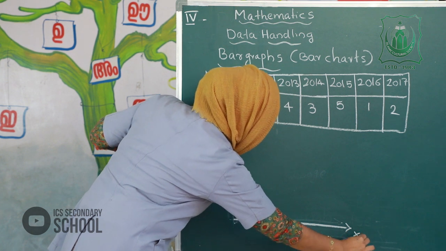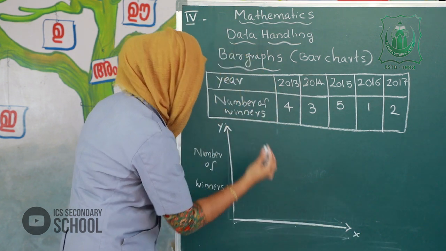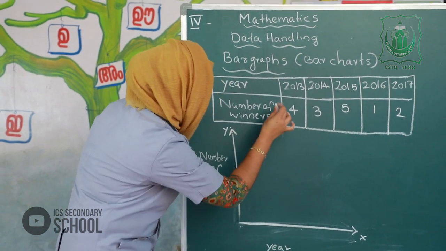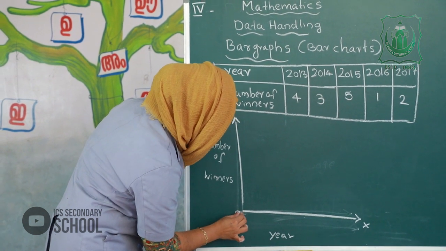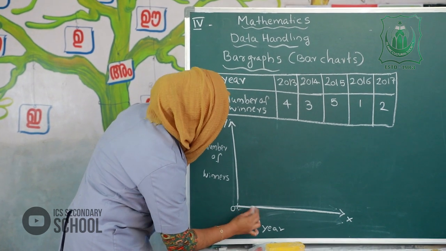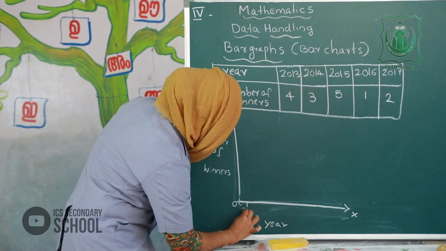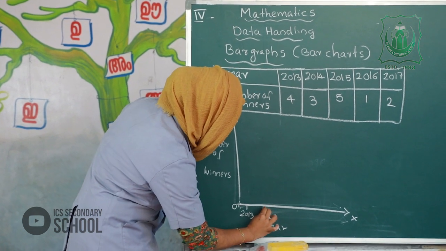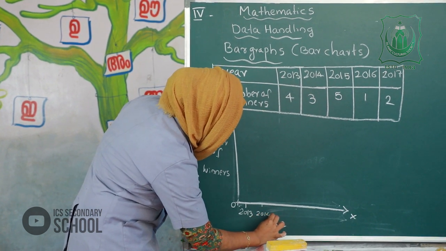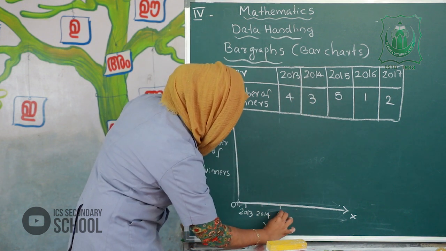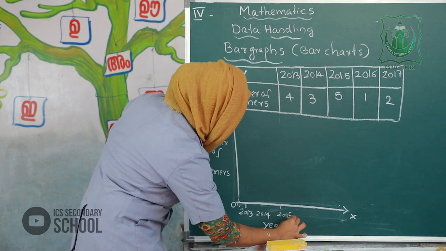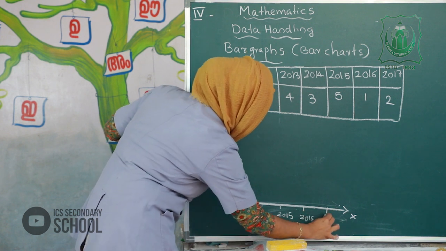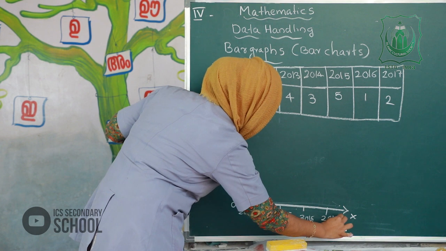This is the x axis and this is the y axis, and here the years, starting from 0: 2013, next 2014, next 2015, 2016, 2017.